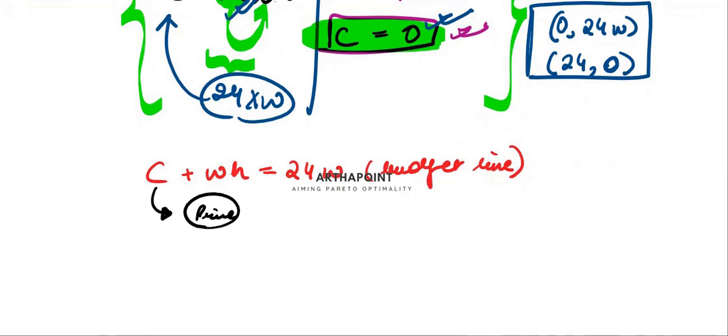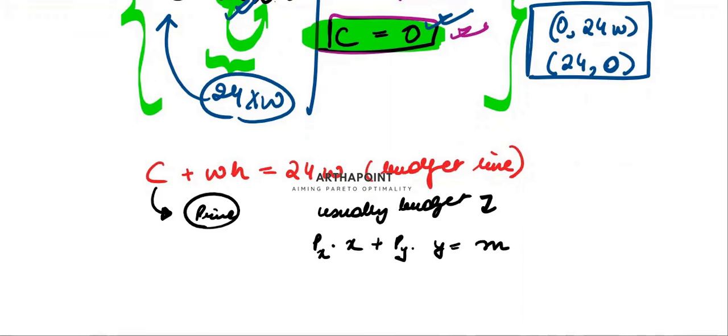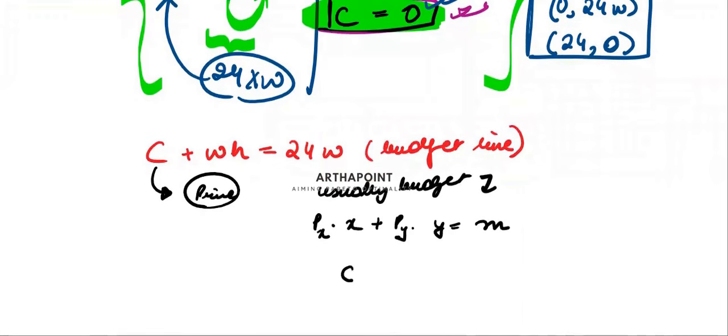Why am I telling you this? Consider the usual budget line. From microeconomics, we know that the budget line has this equation: price of X into X plus price of Y into Y is equal to income of the consumer. So supposedly consumption of any good has a price of P. Leisure has a price of W.